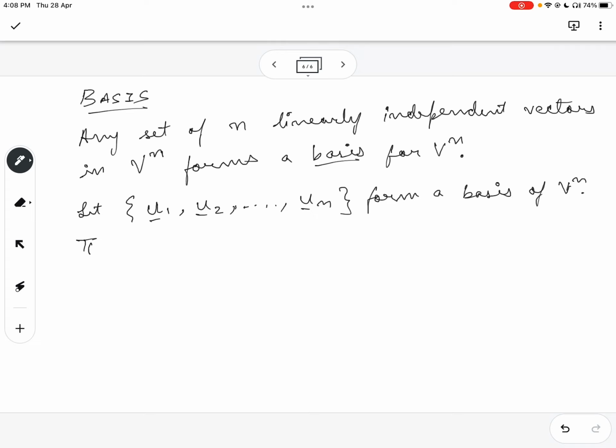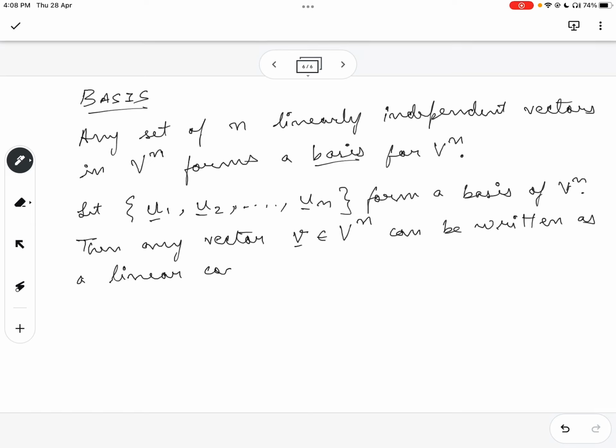Then any vector v belonging to Vn can be written in terms of these vectors u1 to un as a linear combination of them, a linear combination of ui, i from 1 to n.